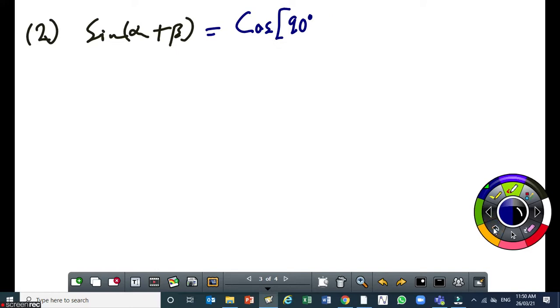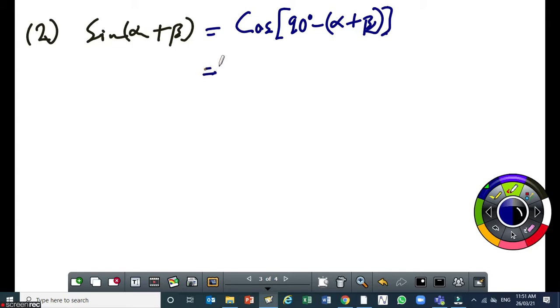If I use co-ratios, here this is my angle, but I have to subtract it from 90, so it becomes minus alpha plus beta, like that. Then I've got a plus here. So when I remove brackets here, I need to combine the 90 and the minus alpha, but this beta is going to have to change to become a minus.